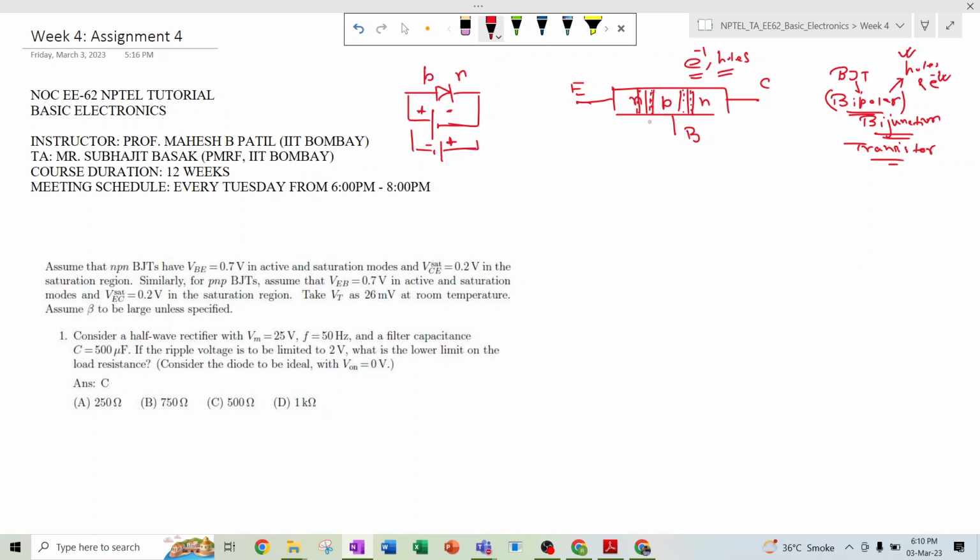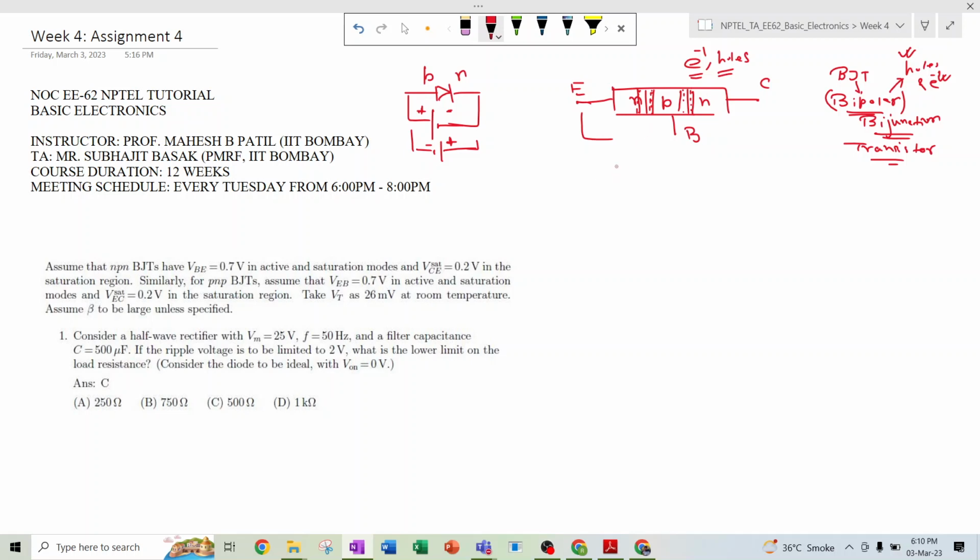So basically here also there are NPN junctions. Here also you can make it positive negative, or here also you can make it positive negative. So based on that there are some operation modes of the transistor.